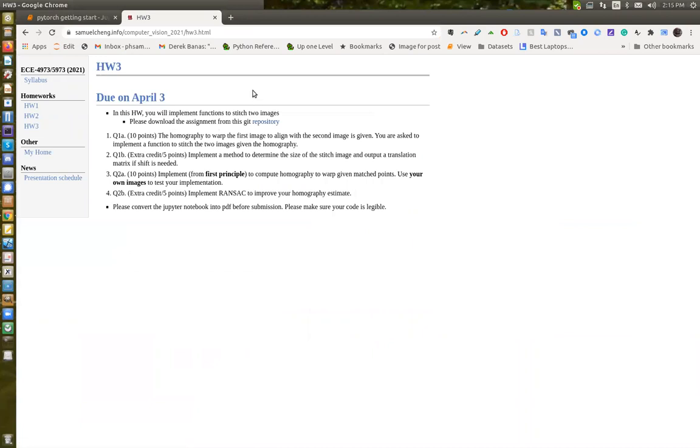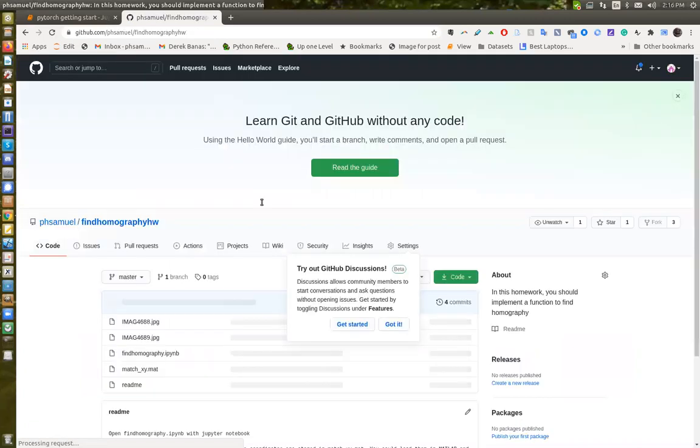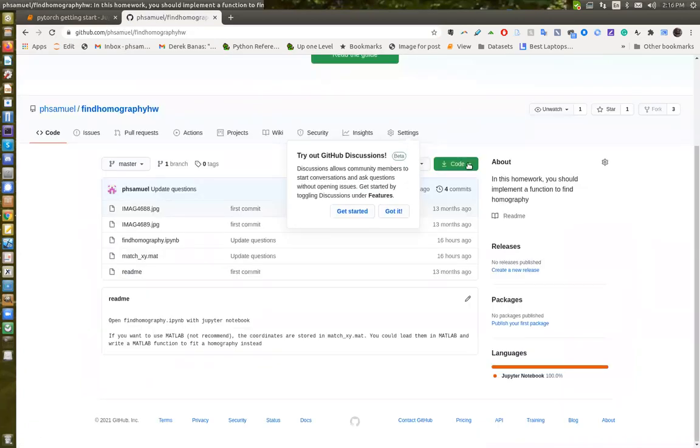Just a quick minute to wrap up. The homework is exactly what we talked about today. I have created a Git repository, and you can download the code here. You can either download the zip or Git clone.